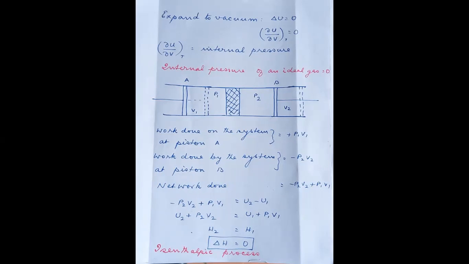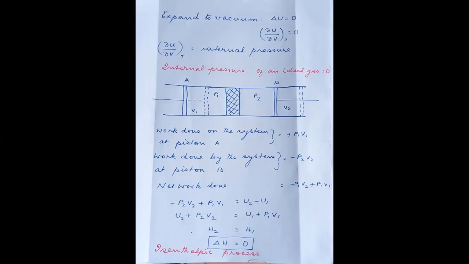So internal energy change is the net work done, because the internal energy is not a directly measurable quantity. So what has actually happened is minus P2 V2 plus P1 V1, which is equal to U2 minus U1.